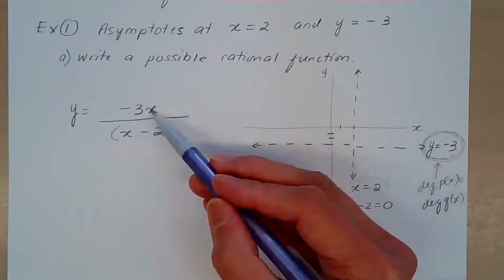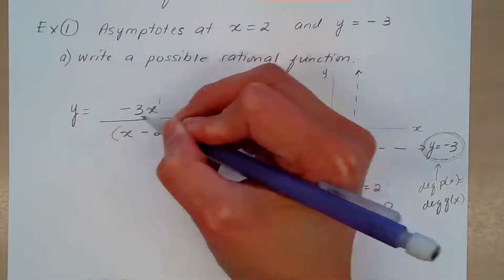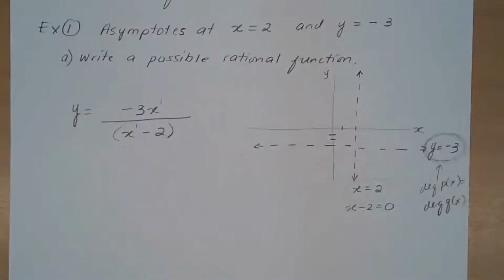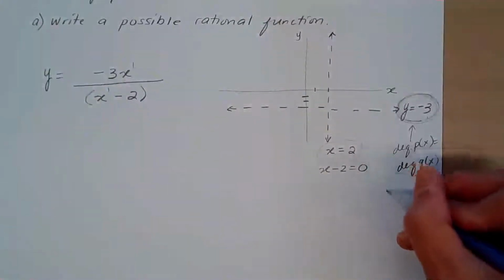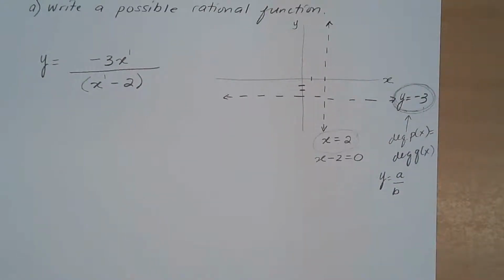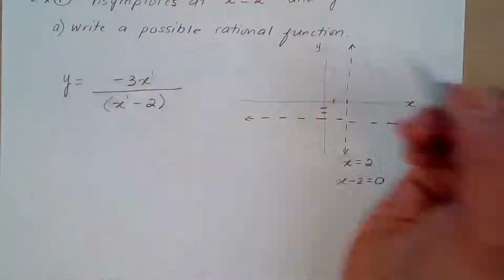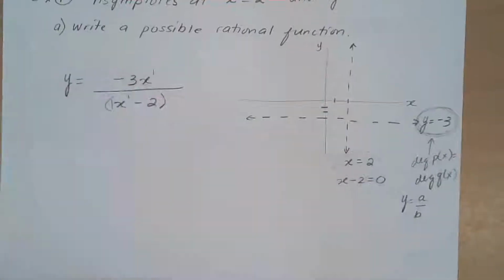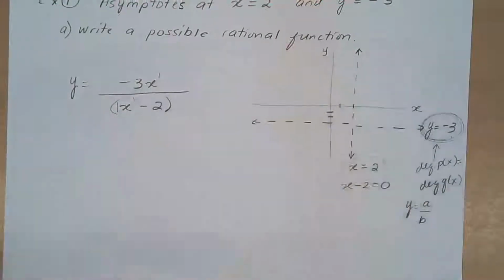If they have the same degree, which they do at 1, what did we do? We said the leading coefficient of the numerator over the leading coefficient of the denominator, a over b. So the leading coefficient of the numerator is negative 3, and the leading coefficient of the denominator is 1. Good. So this is a possible solution.